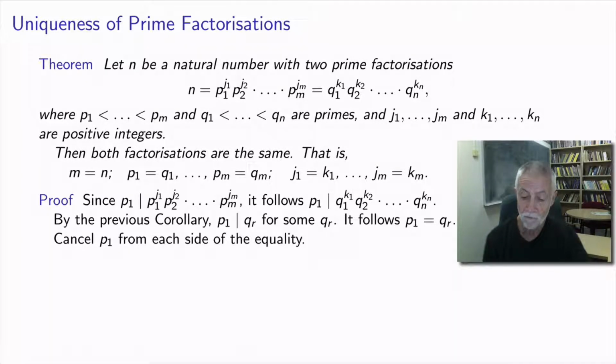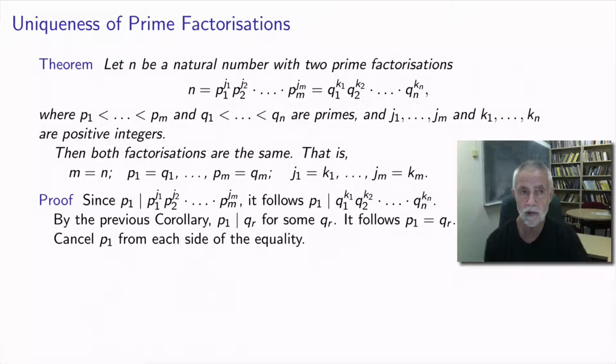And now, because these are two factorizations of the same number, and because p1 clearly divides the left side, it must divide the right side. But if p1 divides the right side, then by what we have seen in the corollary to the prime divisor theorem, p1 must divide one of the q's.